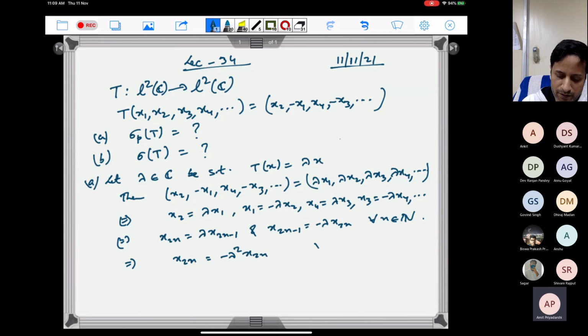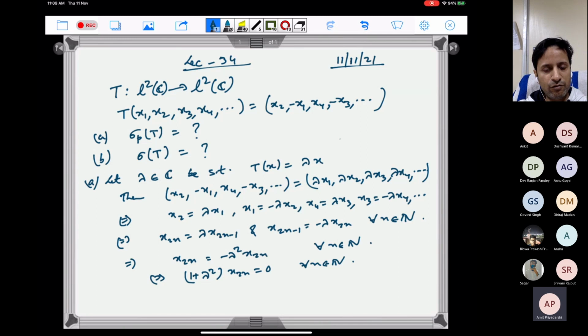This is for all n. So this thing is equivalent to 1 plus lambda square times x2n is equal to 0 for all n.